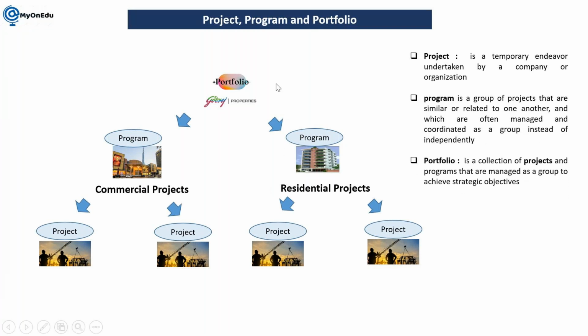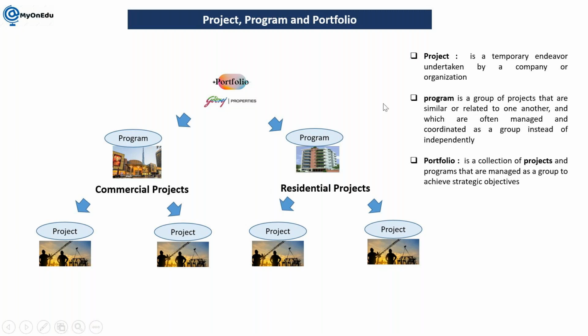In this structure, this is my portfolio, and these are the programs, and further within the programs we have projects. So basically the portfolio is a collection of projects and programs. It's simple. In this figure, this is a collection of programs and projects, and similar projects will become a program.